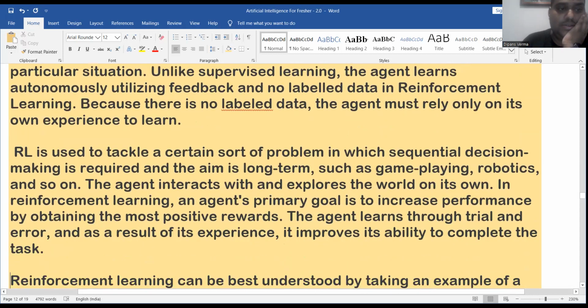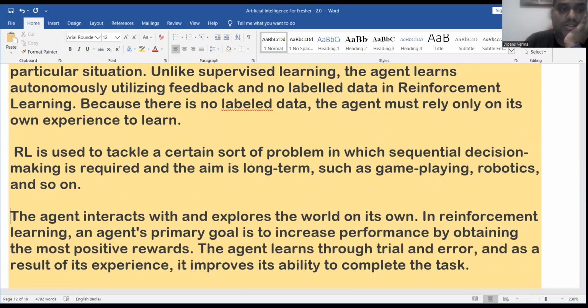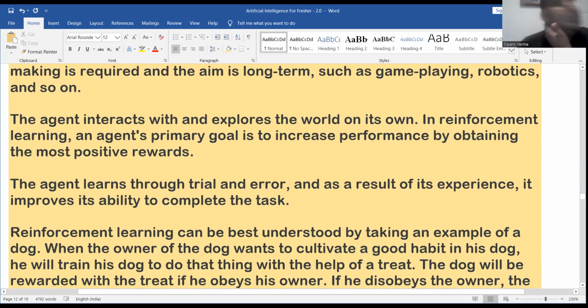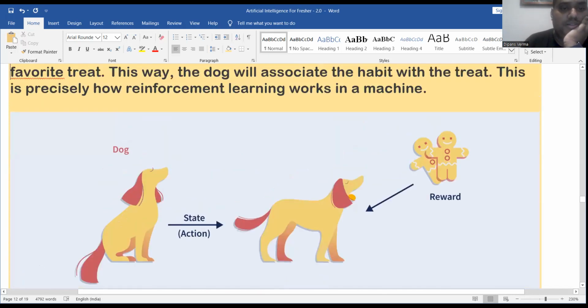So reinforcement learning is used to tackle a certain sort of problem in which sequential decision making is required and the aim is long term, such as game playing, robotics, and so on. The agent interacts with and explores the world on its own. In reinforcement learning, an agent's primary goal is to increase performance. The agent learns through trial and error as a result of its experience. It improves its ability to complete the task, right?